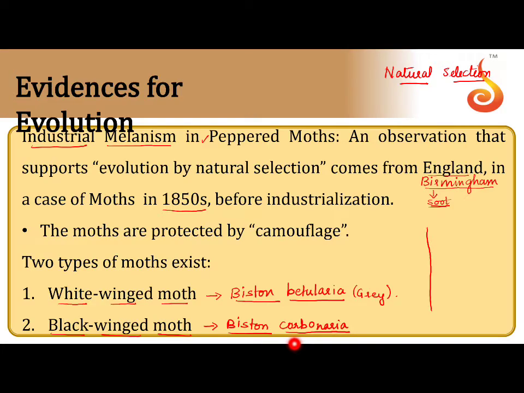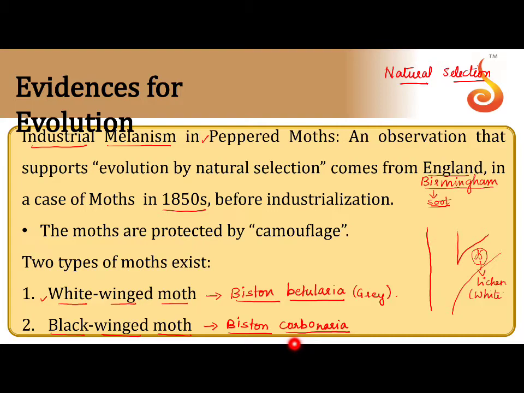Now, assume there is a tree, and on the tree trunks before industrialization, there would be growth of lichens. So, again I repeat, this is before industrialization, and these lichens are generally white to greyish in color. If Biston betularia, the white winged moth, sat on this lichen, it was camouflaged.